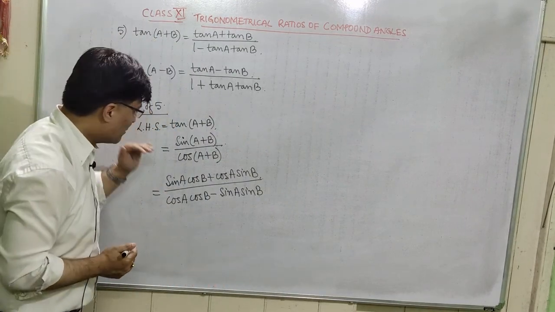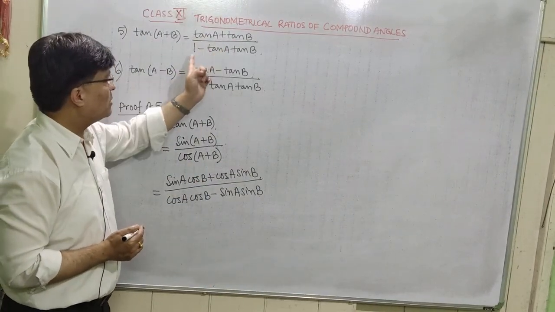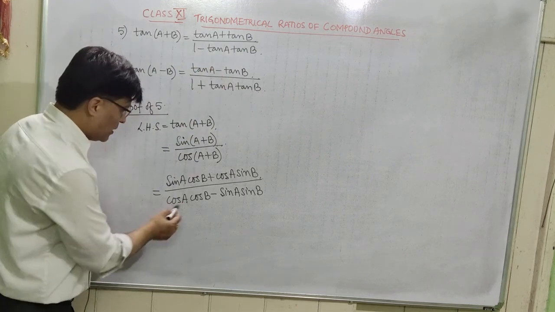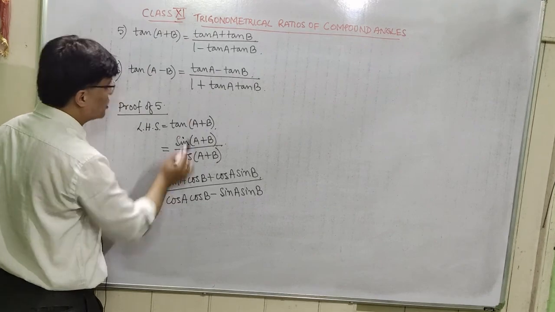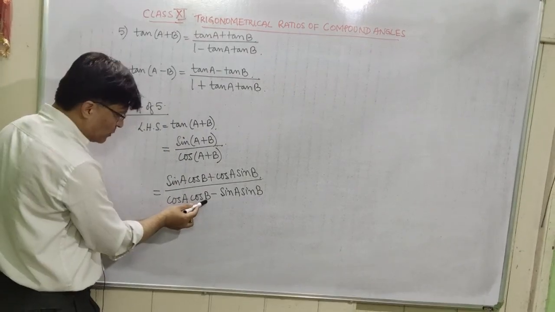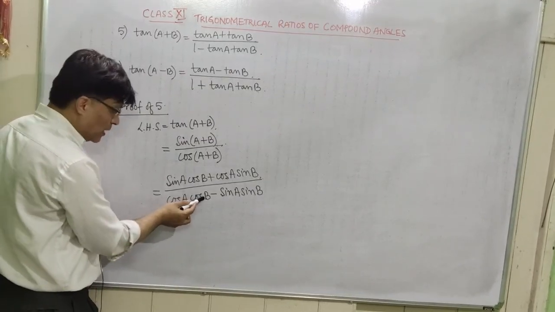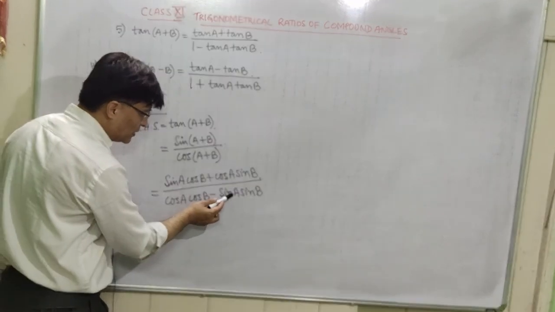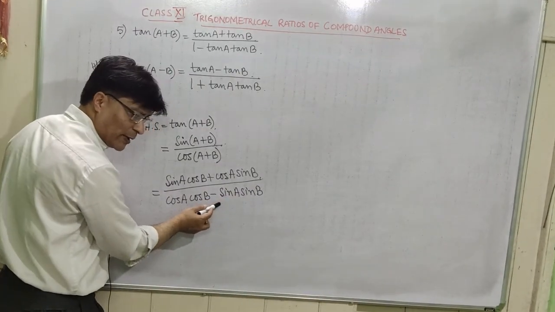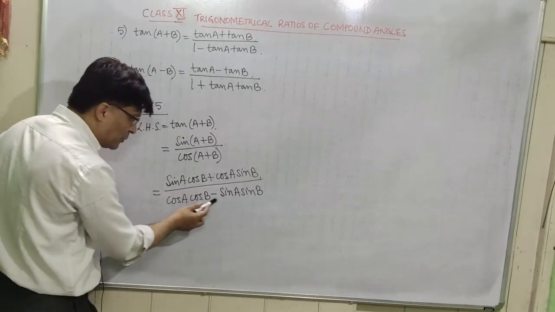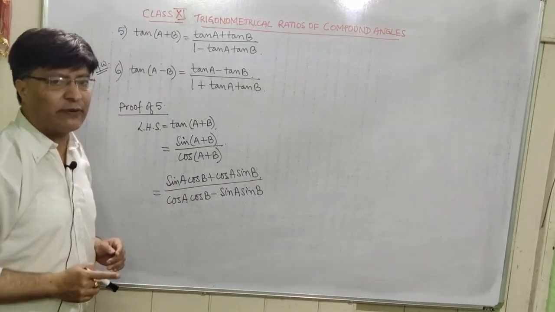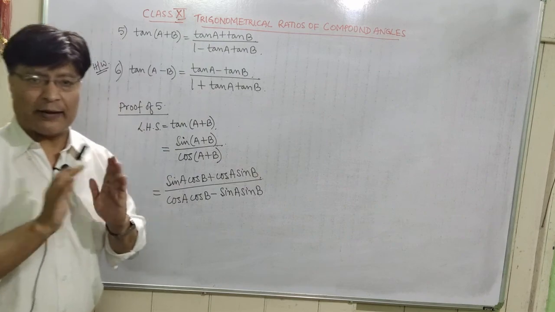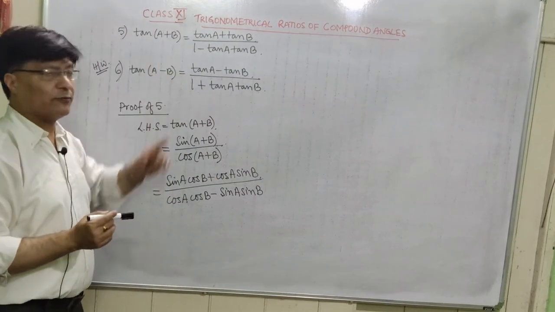Now you have to convert it into tan A plus tan B divided by 1 minus tan A tan B. This should be 1. Instead of this cos A cos B, there is 1. That means it should be divided by cos A cos B. If the denominator is divided by cos A cos B, the numerator should also be divided by cos A cos B. And after separating, we can prove this formula.